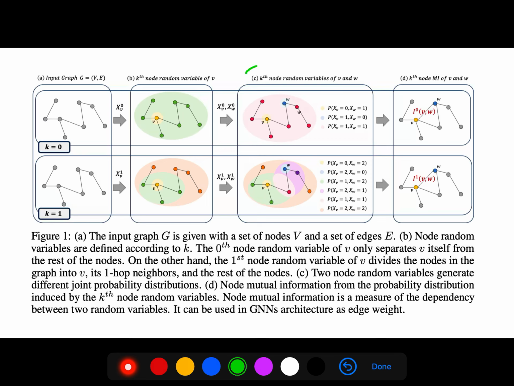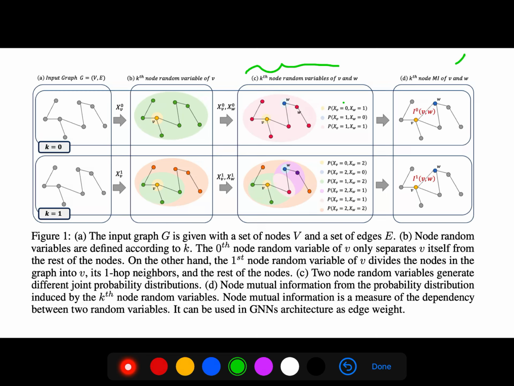And in C, here you see two node random variables. We generate different joint probability distributions, because one of them can give 0 while the other one can be 1. So 1,0; 1,1; different combinations.